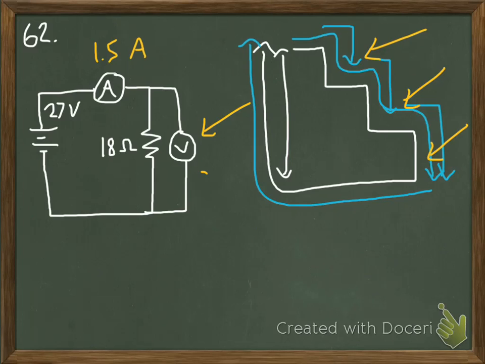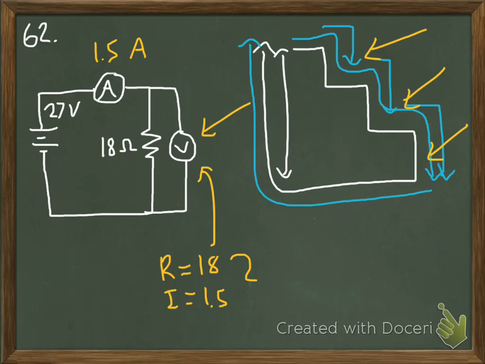So what is the voltage right here at this moment in time? We started with 27, but it's not 27 anymore. And the way we can use it is we can use our resistance, which we know is 18. We know our current here. Excuse me, we don't know the current. Yes, we do. We know the current there, which is 1.5.